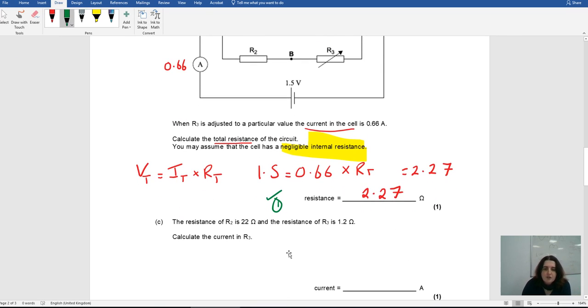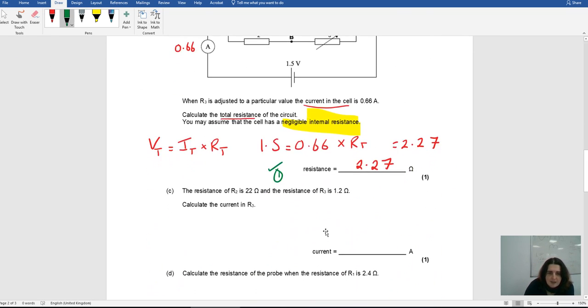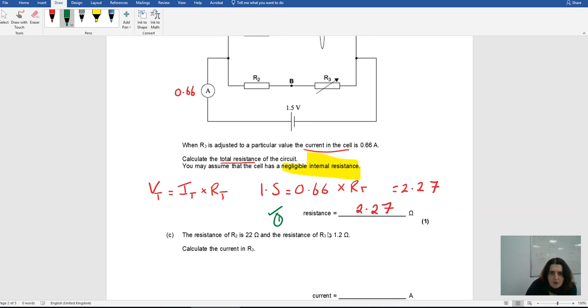The resistance of R2 along this branch and the resistance of R3 is 1.2. Calculate the current in R3. So what actually happens in a circuit is you've got a couple of laws, Kirchhoff's current and Kirchhoff's voltage law.